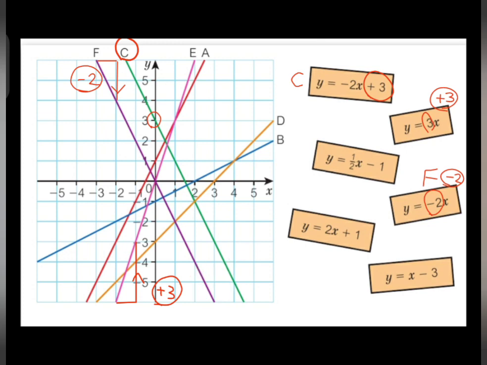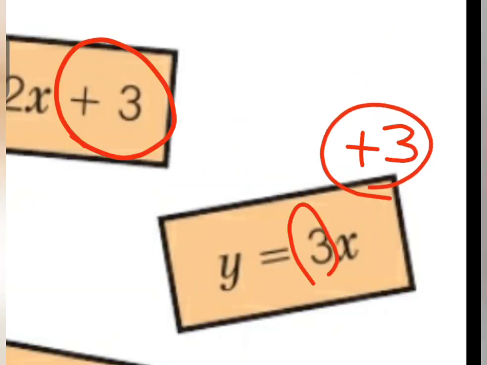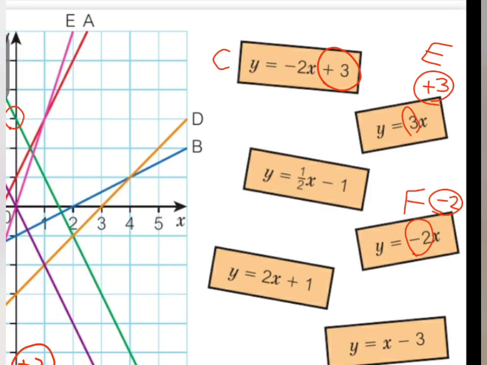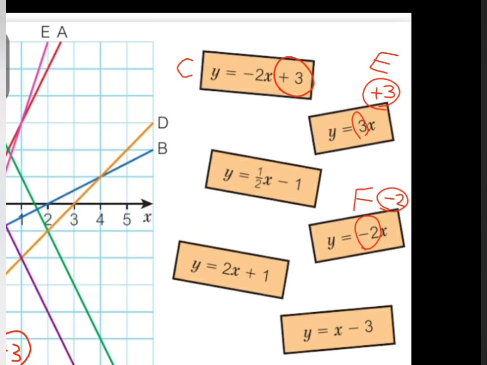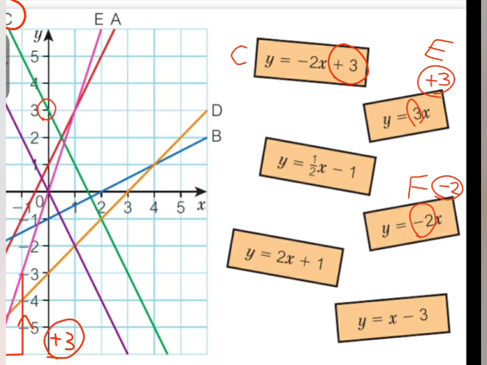So the gradient positive 3 is E. We put E next to it. Very good. Now we move on to answer the other equations. As I said, finding the y-intercept will help you find the lines. But if you have the same y-intercept, you have to take a look at the gradients. They will help you to differentiate between the lines.